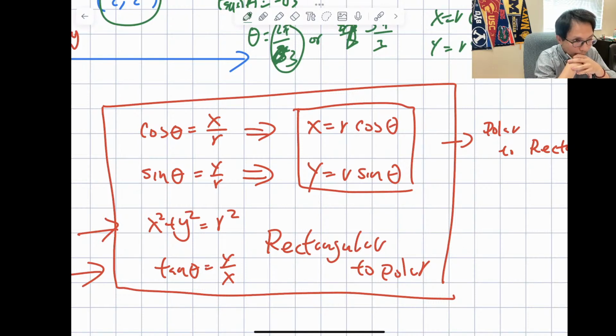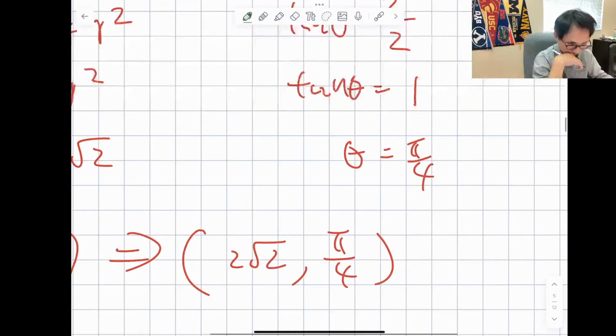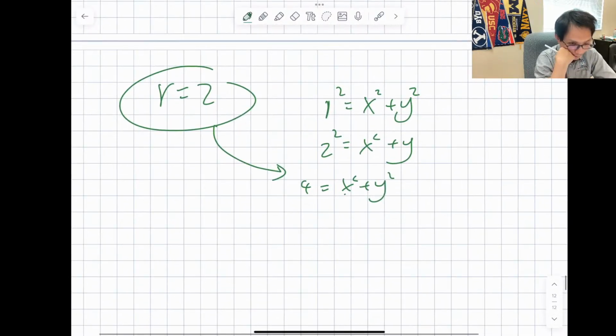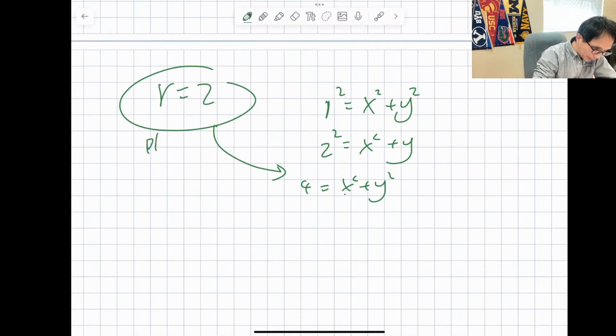So I just convert from polar to rectangular. Is that okay?